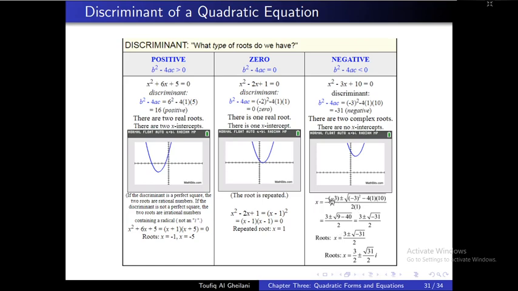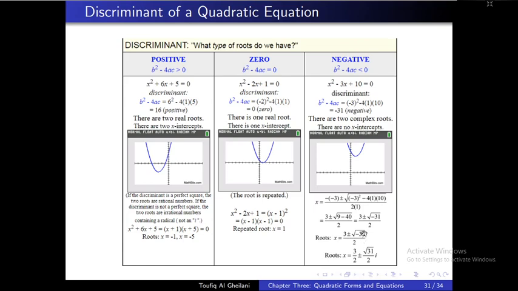So positive, negative times negative is positive, plus or negative the square root of 9. 9 comes from minus 3 times minus 3, minus 40, how does 40 come? 4 times 1 times 10 is 40. Here 3, positive or negative, the square root of minus 31. So x equals 3 plus or minus the square root of minus 31.